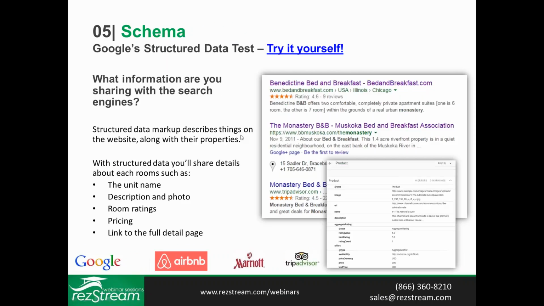All right here, guys, and the next one here is the Schema. It's a Google structured data testing tool, which basically allows you to see what additional markup your website has as it relates to the information it shares with the search engines.